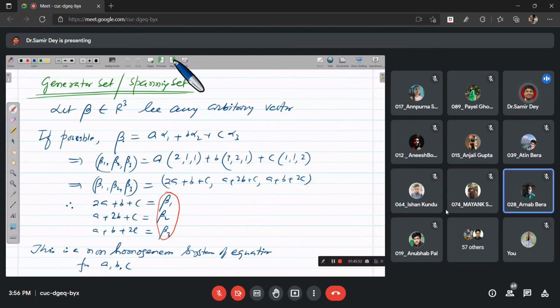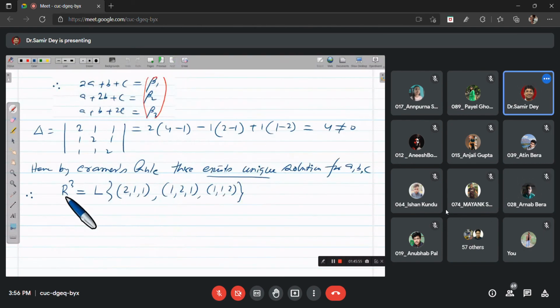That's why we write R cube, all of R cube can be expressed as a linear combination of these three vectors.